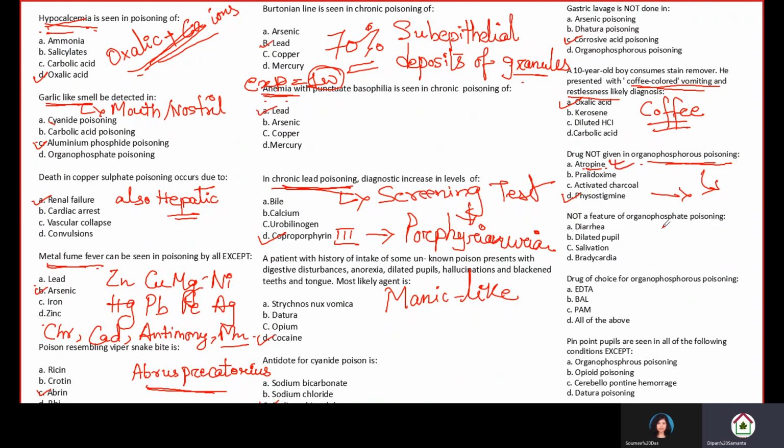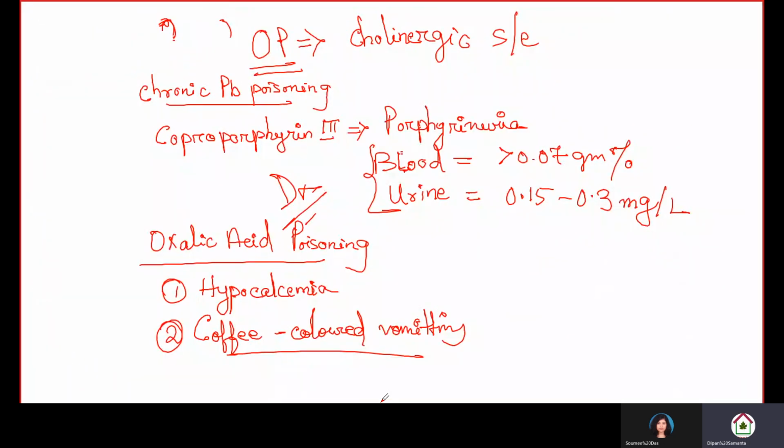Okay, not a feature of organophosphate poisoning: diarrhea, dilated pupil, salivation, bradycardia. So the answer is dilated pupil, because pinpoint pupil occurs in OP poisoning, and the other features are parasympathetic: miosis, urination, diarrhea, diaphoresis, lacrimation, excitation, salivation.